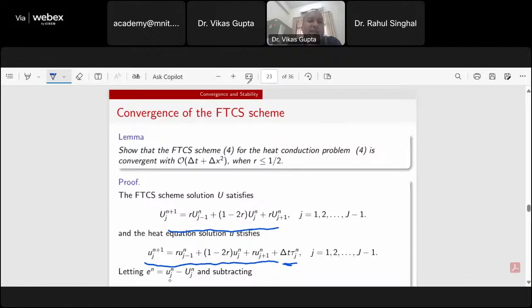Now letting e^n equal to u(x_j, t_n) minus u_j^n, that is the error term in our solution.